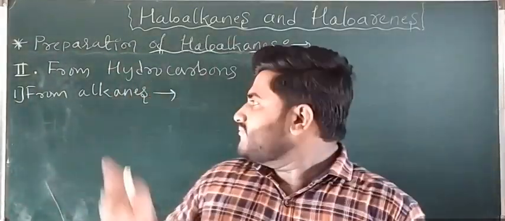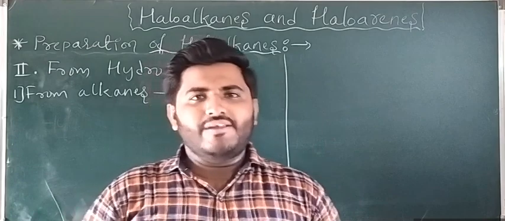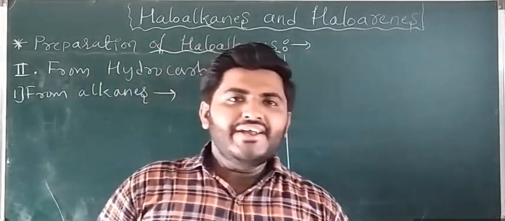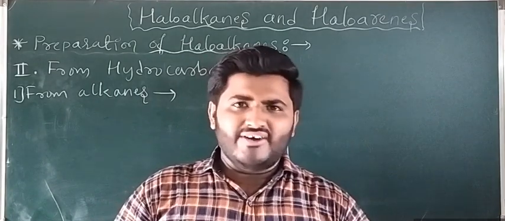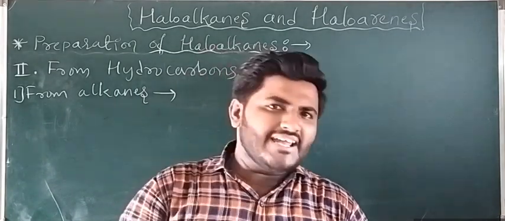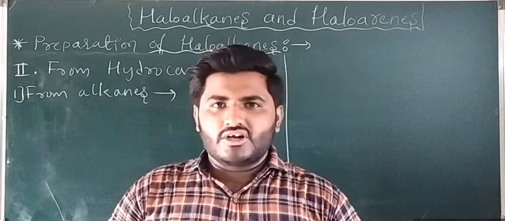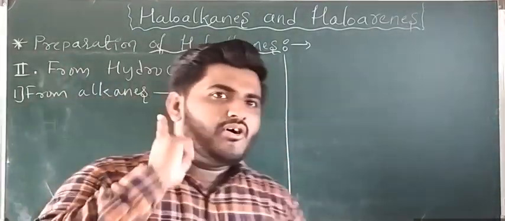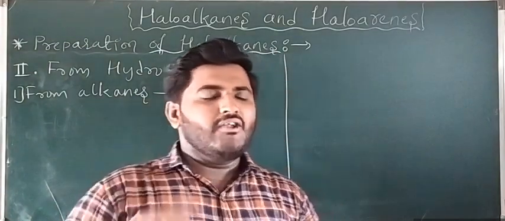That's it. The alkane general formula is CnH2n+2. So from alkane means we take any alkane and add chlorine or bromine, whatever halogen, in the presence of sunlight. Free radical mechanism occurs, and a mixture of monohaloalkanes and polyhaloalkanes is obtained.